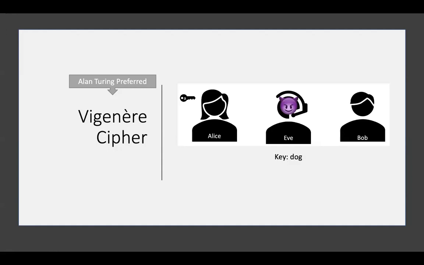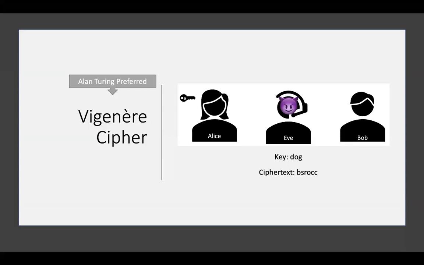This time, Eve is very fortunate. Eve knows that the key that Alice and Bob are using to encrypt and decrypt their cipher is the word dog. This is very uncommon because we usually use one number or one single letter to encode our plain text.